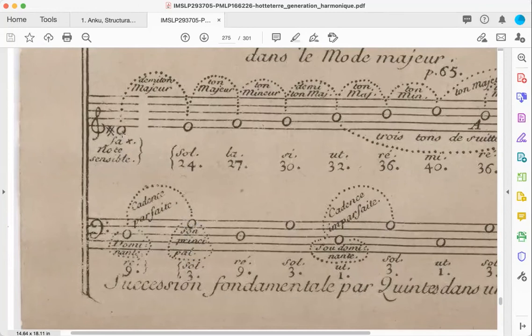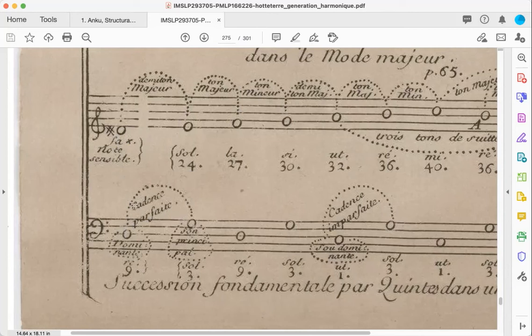We have this leading tone below it. Rameau's term is the note sensible, F sharp. And this little scale segment, F sharp, G, A, B, derives from this fundamental progression that we saw before of the dominant moving to the tonic.